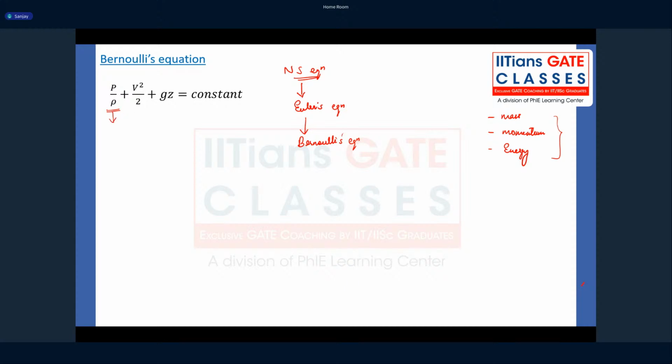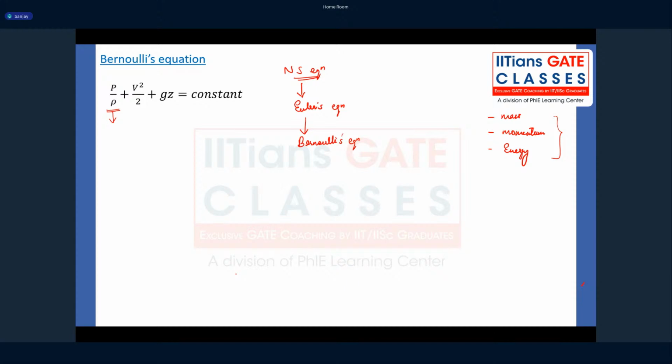V square by 2 is the kinetic head, the kinetic energy per unit mass. If you divide the entire thing by g, the length, you get the head. So it is pressure head, kinetic head, and gz is the elevation head. These heads, or the sum of the total energy, remain constant.